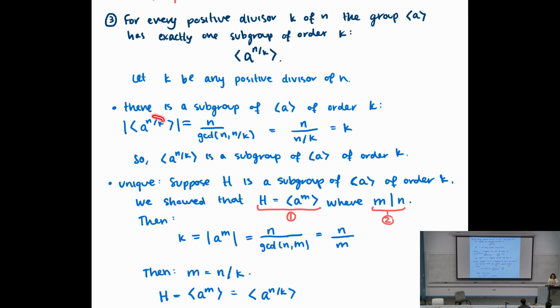So this is just a number. So then a to some number, that's going to be an element of the group generated by a. And then we showed that taking a group generated by some element is always a subgroup. Yeah.